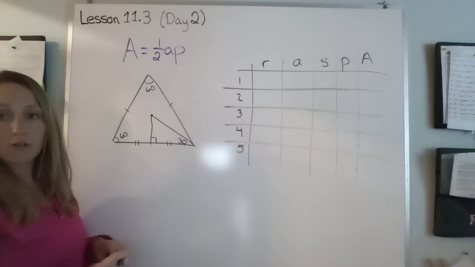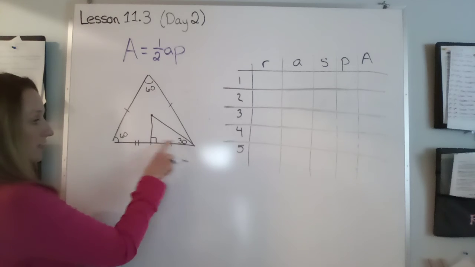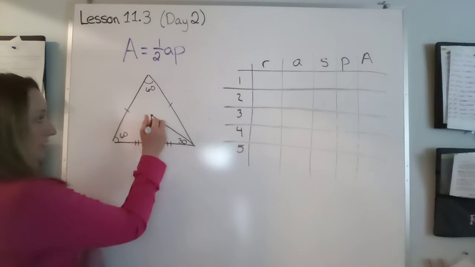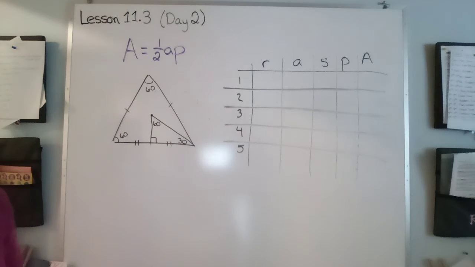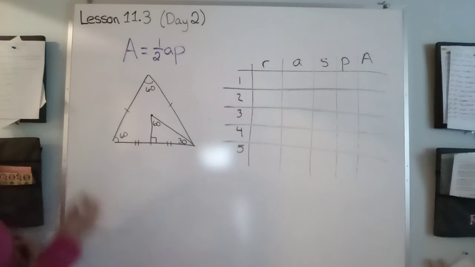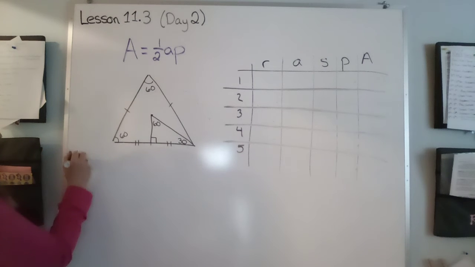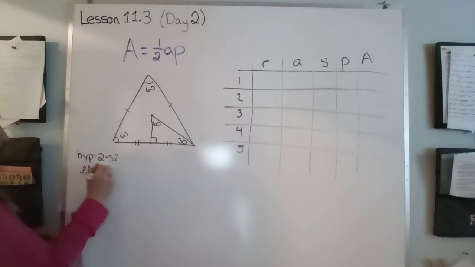So hopefully now you notice that you have a 30, a 90, which means this one has to be 60. You have a special right triangle. So the information that we learned earlier in the year about 30-60-90 right triangles is going to come up in this lesson as well. Quickly off to the side, I'll just remind you, your hypotenuse is equal to 2 times your short leg, and your long leg is equal to root 3 times your short leg.